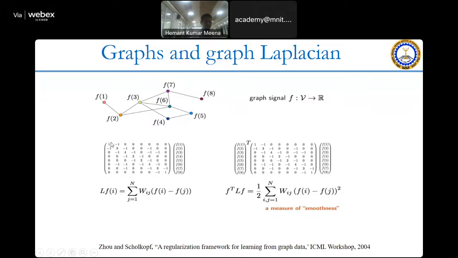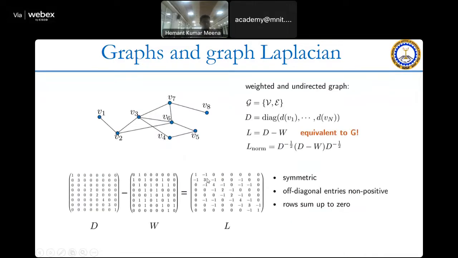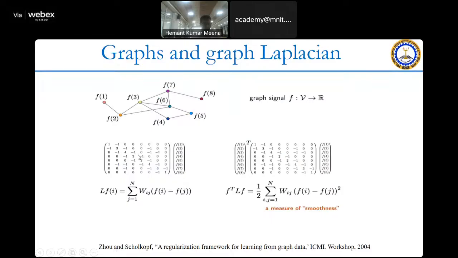This is basically L, which we calculated here, and we are multiplying L with F. Remember, this is an operation between a matrix, L, which is an 8 by 8 matrix, and a column vector F1, F2, F3 and so on.